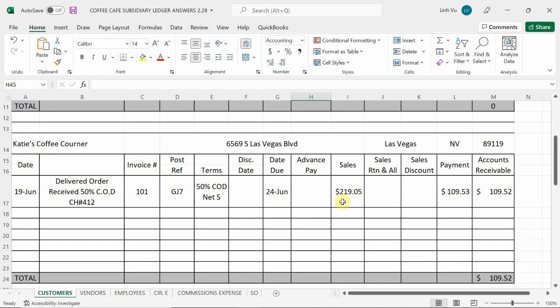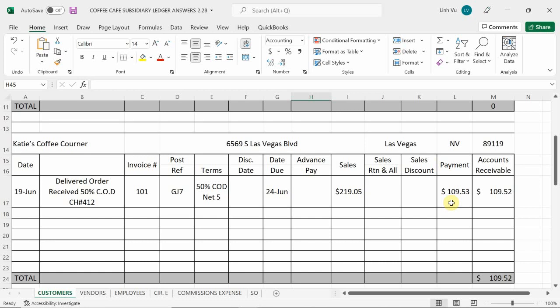Everything from us came out to a grand total of $219, or in this case she got a down payment, so she owes me $109.53. How do I know how much I charged her? Where can I look to see what I charged her?